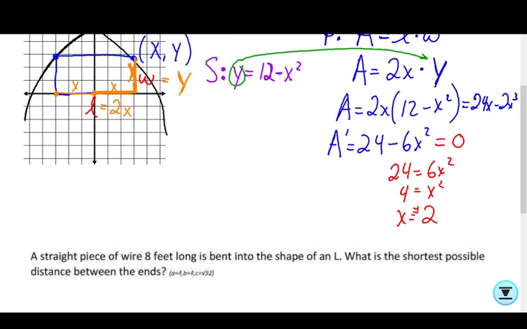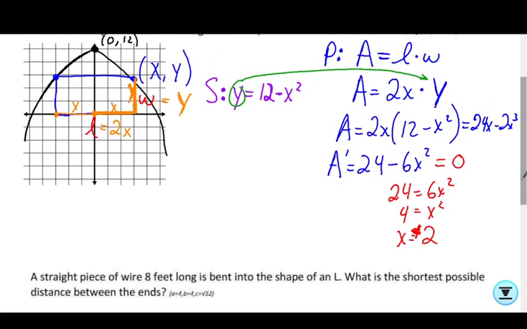Okay, so x equals plus or minus 2. Now, it can't be negative 2 because you can't have a negative length, so x is positive 2. Well, if x is positive 2, since my length is 2x, that means my length is 4.